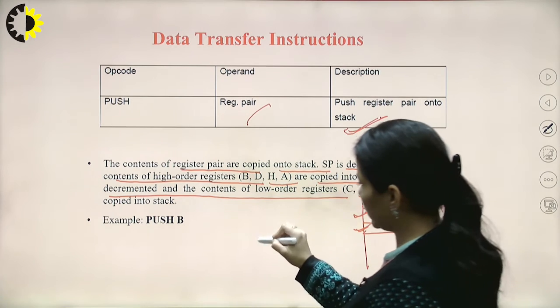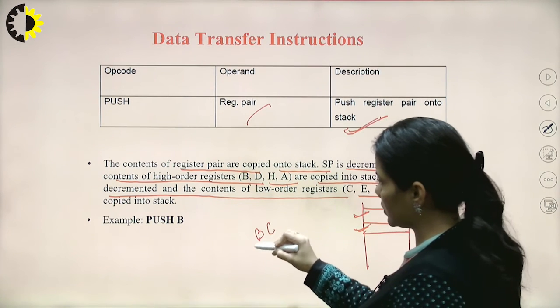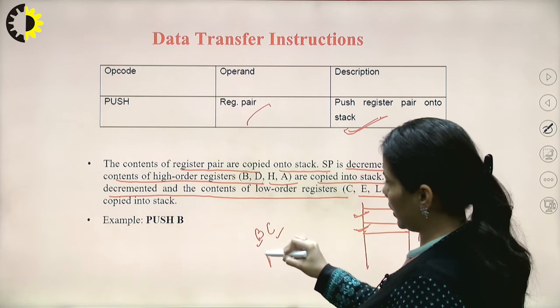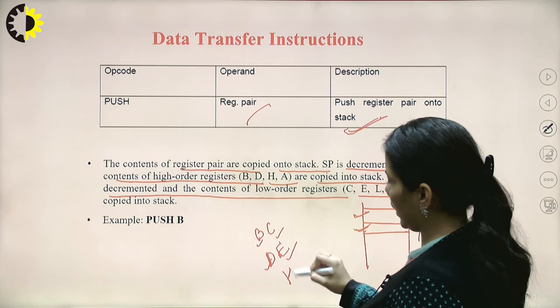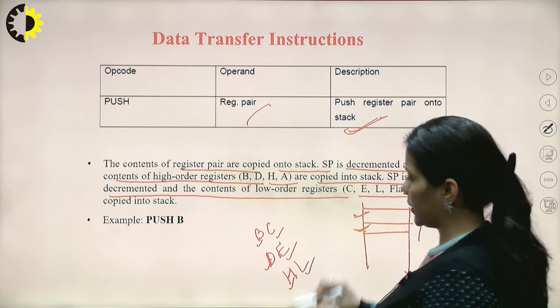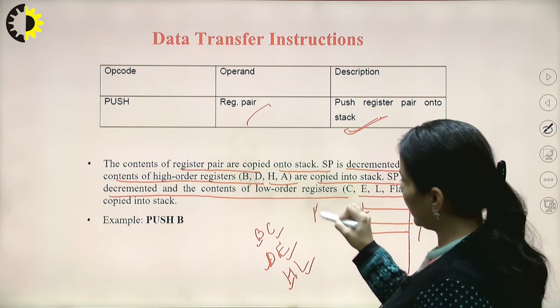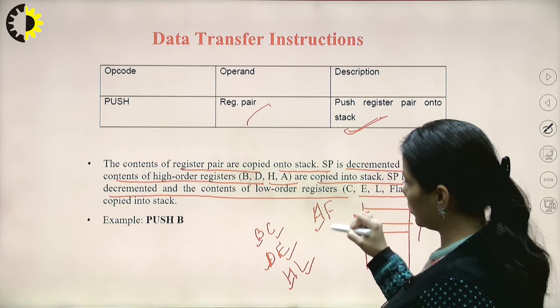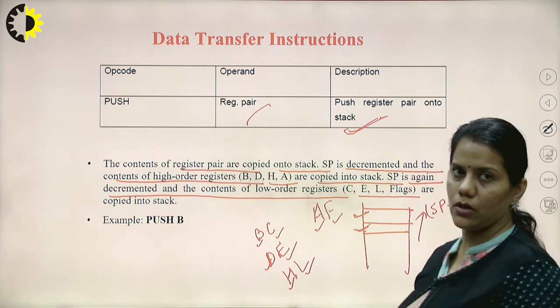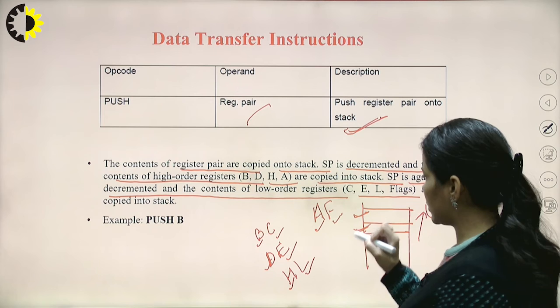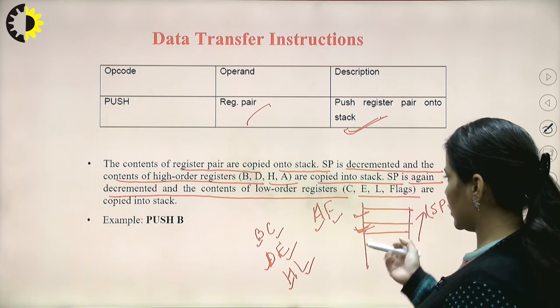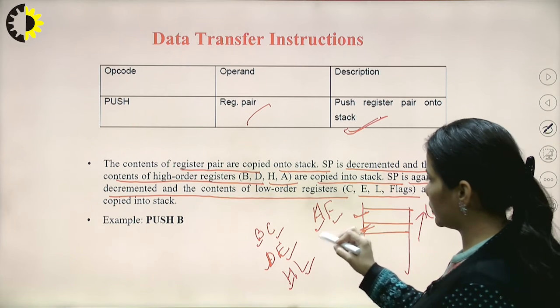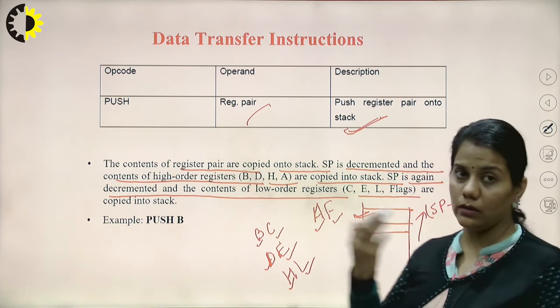When we are talking about the BC pair, B is the higher order and C is the lower order. Again, for DE, D is higher and E is lower. For HL, H is higher and L is lower. And for AF, A is higher order and the flags are the lower order register. So the higher order register contents are stored here and in the next memory location, after decrementing, the contents of the lower order are stored.